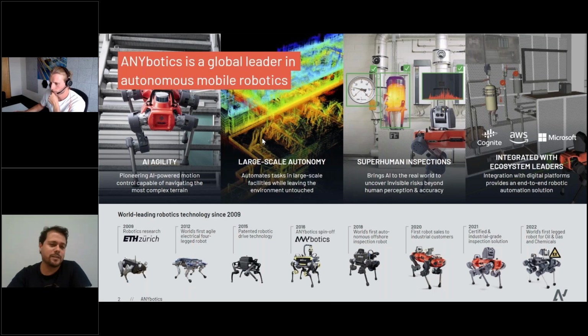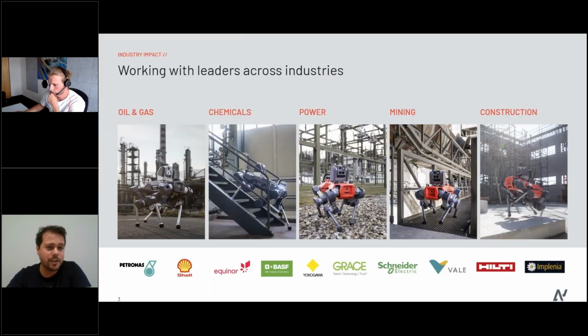And so we serve a range of industries, and our design strategy is embedded in this concept. We are targeting these industries and we verify our robot against these environments.